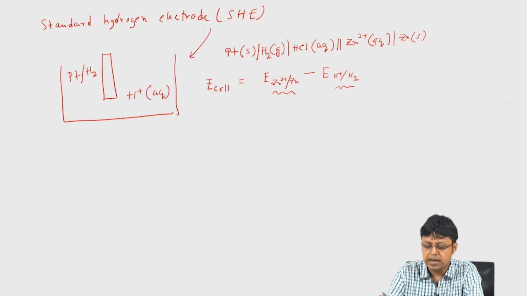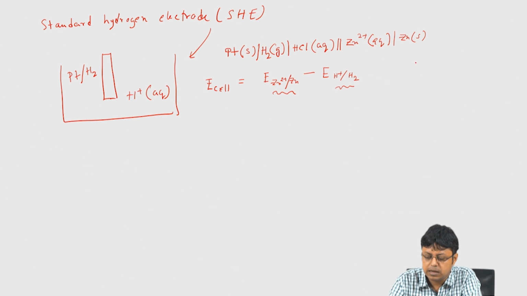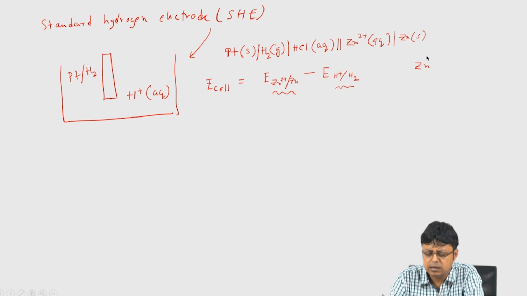Now, what are the reactions here? You can write them in many different ways. Say zinc 2 plus taking 1 electron going to zinc, so this has to be half, and the other reaction is H plus plus electron going to half H 2.